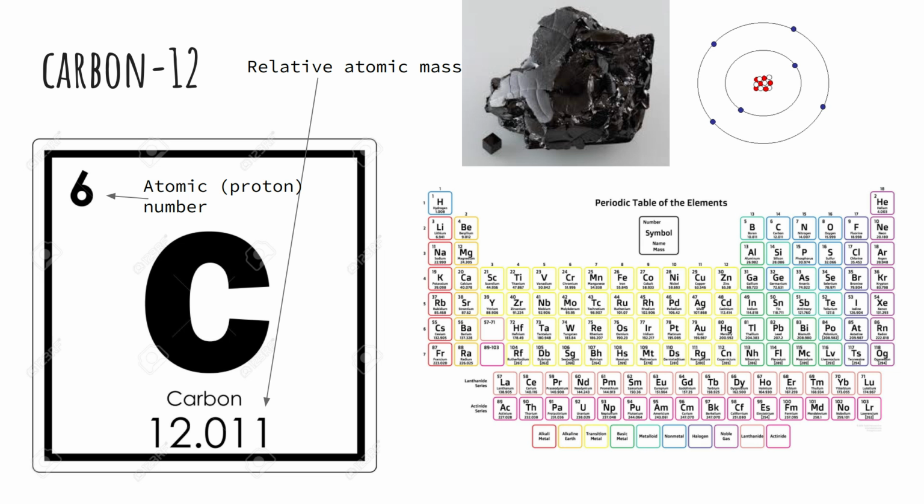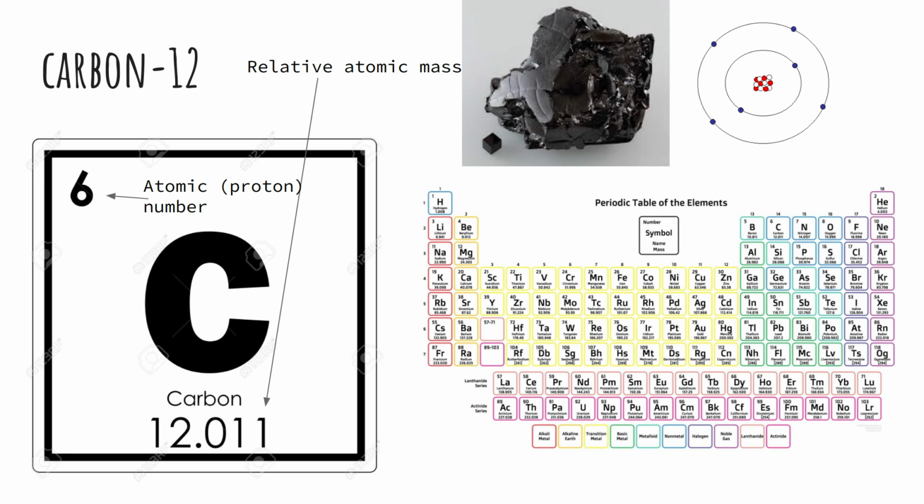So atoms all weigh different amounts, and we can use relative atomic mass as a kind of ratio. They have different weights because all atoms have different numbers of protons, and often neutrons too. An atom's relative atomic mass is the sum of its protons and neutrons, which both weigh 1 unit.